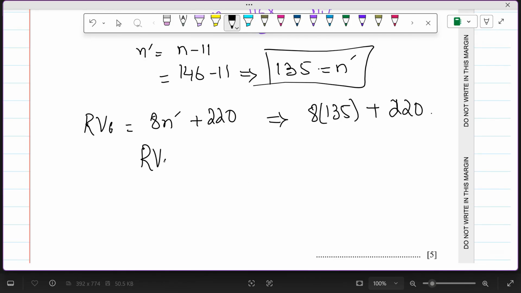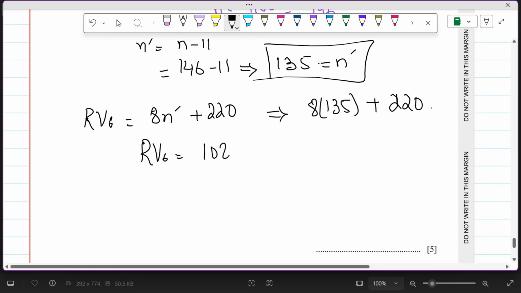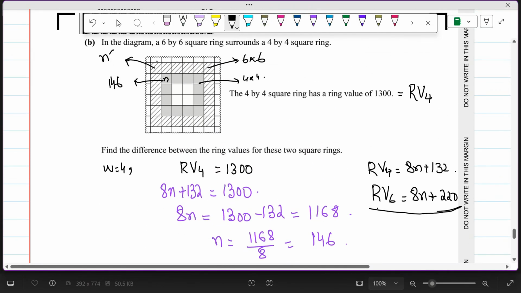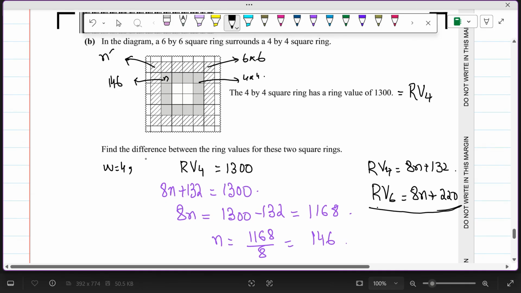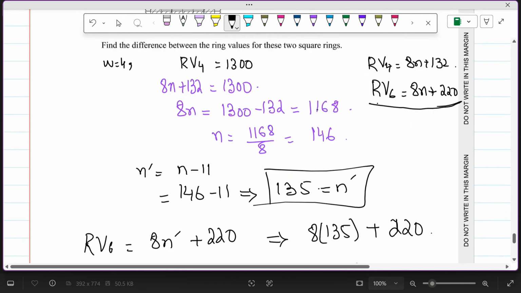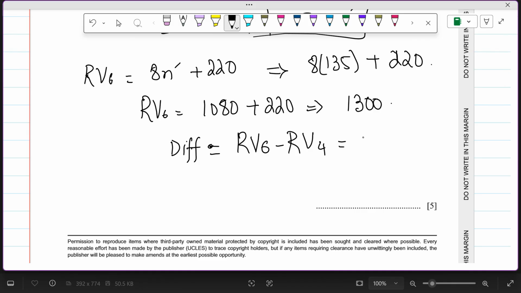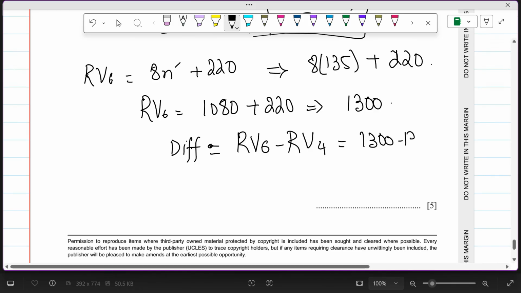So ring value 6 is equal to 1080 plus 220, and this is also equal to 1300. We have the ring value of 4 by 4 and we have the ring value of 6 by 6. We need to find the difference between the ring values of these two squares. So the difference is equal to the ring value of 6 minus the ring value of 4, and both are 1300. So this is equal to 0.